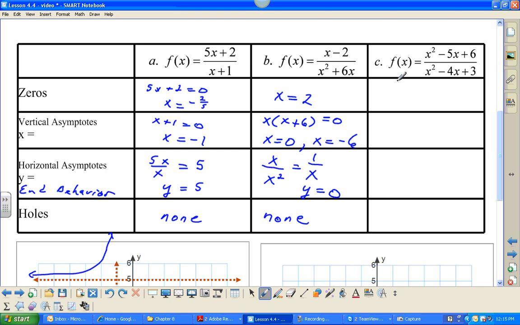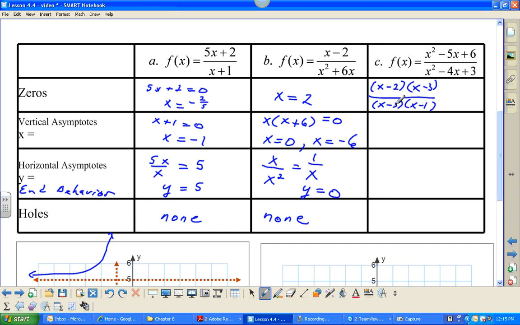We'll see. So to find the zeros, once again, in the numerator and denominator, one of the things you might want to look at, if they can be factored, you're going to want to factor the numerator and the denominator first. So let's go ahead and do the factoring here. So we get x minus 2 and x minus 3 in the numerator. And in the denominator, we get x minus 3 and x minus 1. Okay.